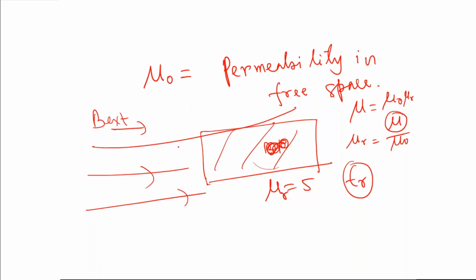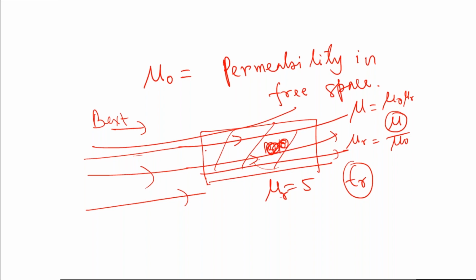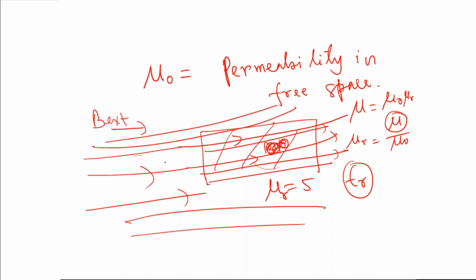So permeability will actually determine how many field lines penetrate through this material. These are external field lines. How many? If it is 5, then there will be 5 field lines penetrating or going through the material. All others will go out of the material.